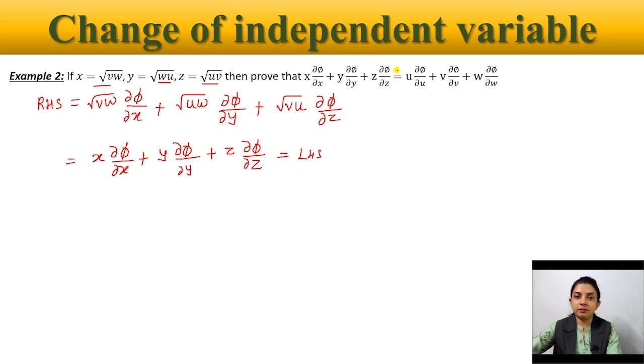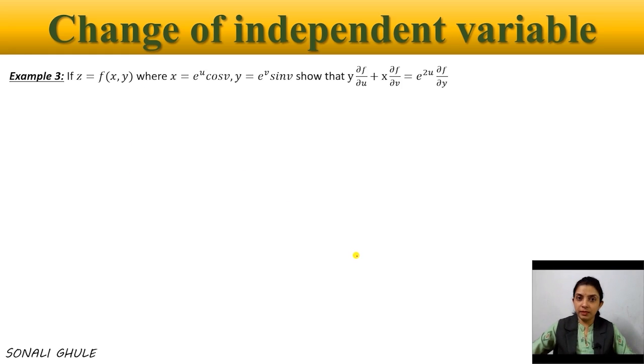You can check here, this is your required left hand side that we have proved, hence proved. Okay, so I hope you all understood what is change of independent variable and how to solve examples based on it. Okay, let's solve one more example on the same type.